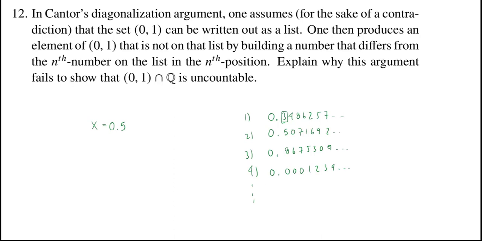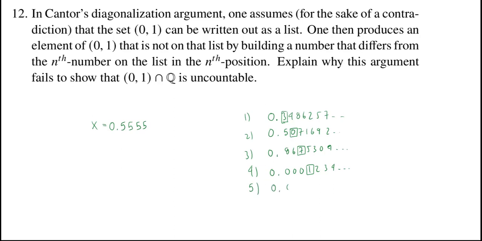Then I look at the second digit of the second entry. That's a 0, which is also not equal to 5, so I'm going to make this a 5 also. Then I go to the third line and look at the third digit, which is also not 5, so I turn it into a 5. And the fourth digit is also not 5, so I turn it into a 5.